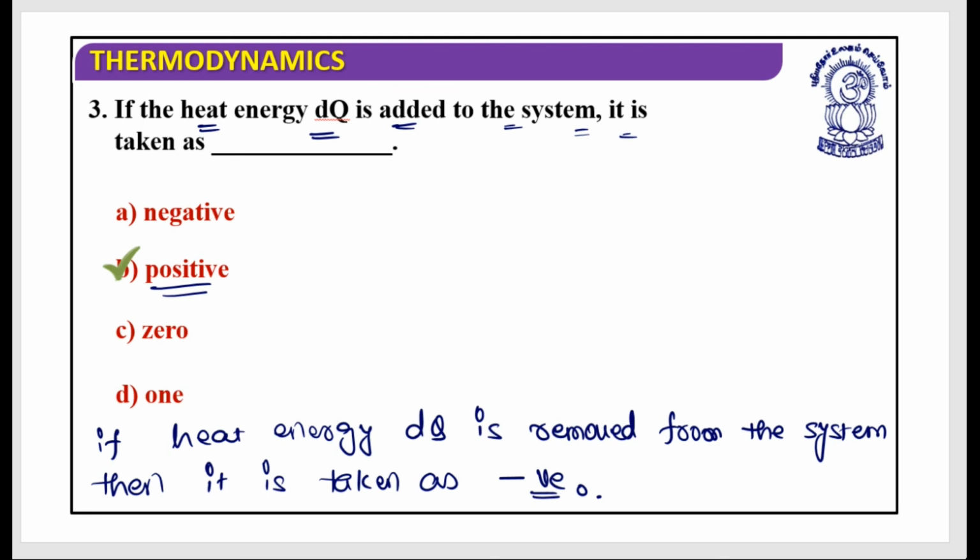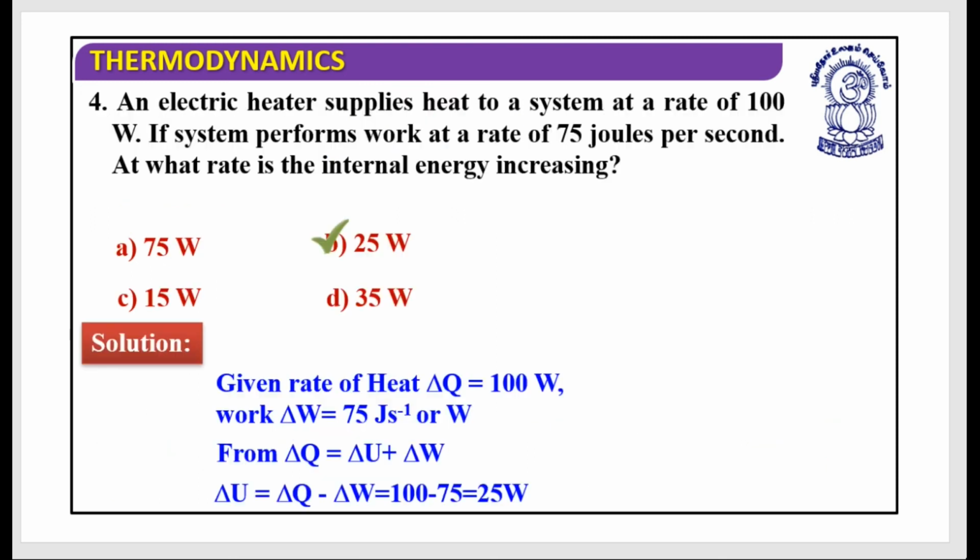Great. Next question, let's have a look. The question says an electric heater supplies heat to a system at a rate of 100 watt. That means delta Q is given, that is 100 watt. If the system performs work at a rate of 75 joule per second, that means delta W is given, it's 75 joule per second, or watt.